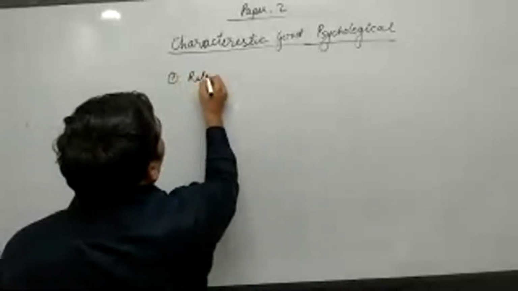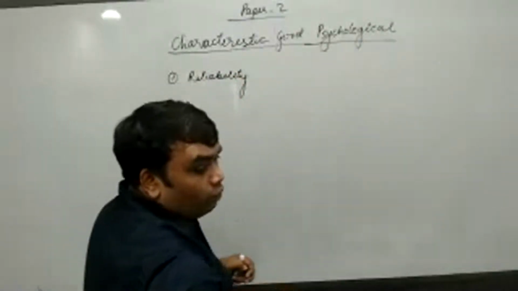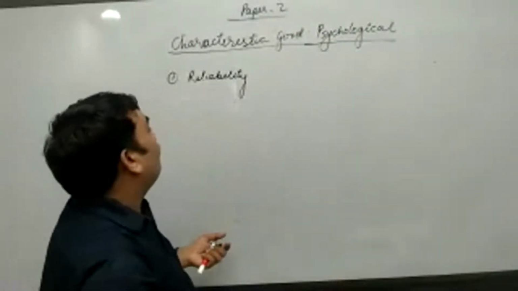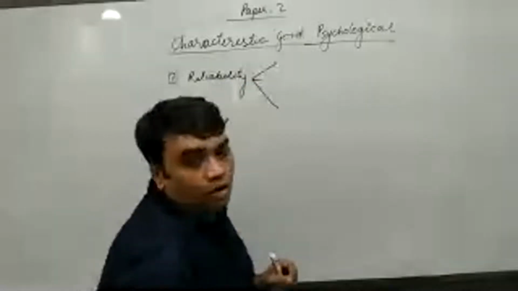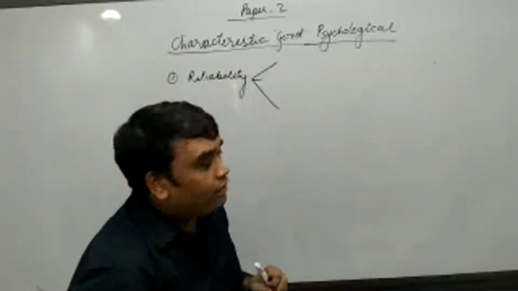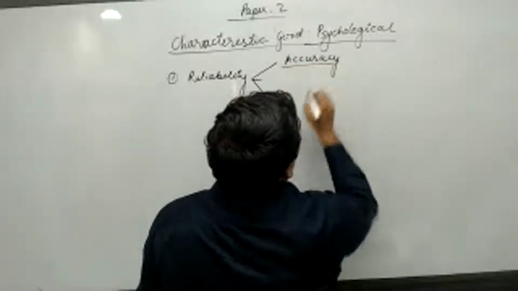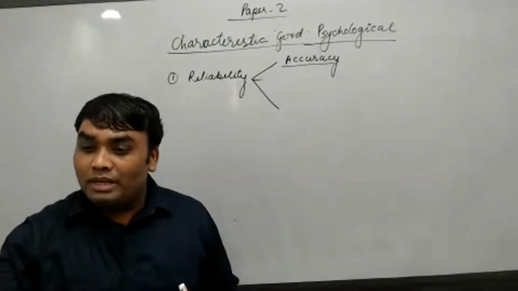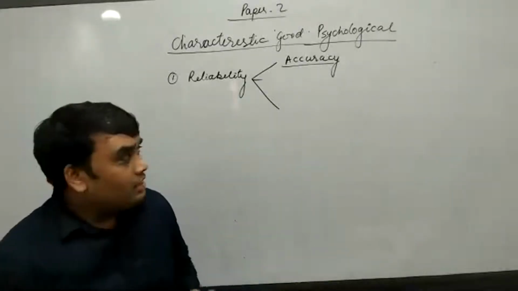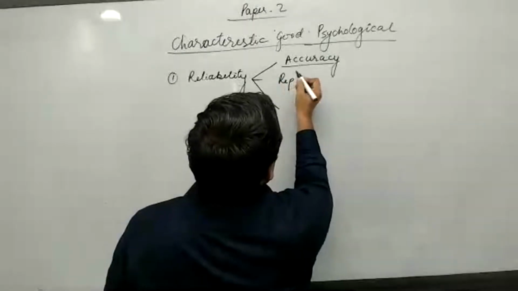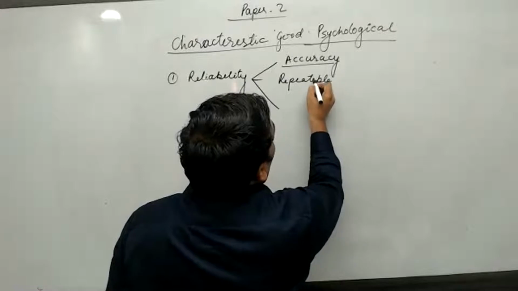First word is reliability. It must have reliability. While you want to highlight the meaning of reliability, you can use 3 words. What are the 3 words for reliability? First is accuracy. The thing which is accurate will be reliable. If we measure human behavior accurately, that is reliable. And repeatability, or repeatable.